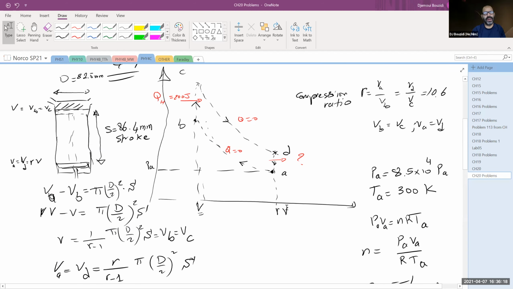It's just the previous number divided by R. So they want us to find the volume in point B, the pressure in point B, PB, and they want us also to find TB, the temperature in point B. They also want us to find the pressure in point C and the volume in point C, which is going to be just the other number divided by R.